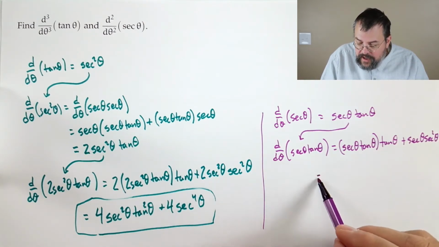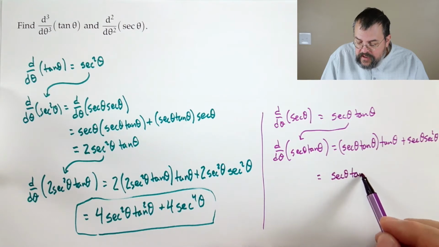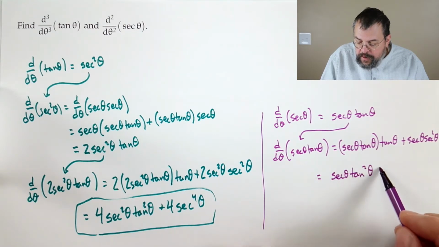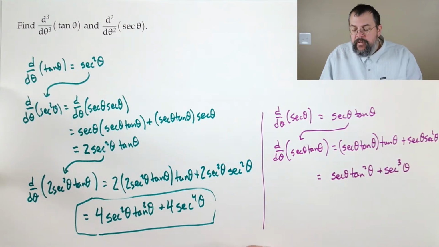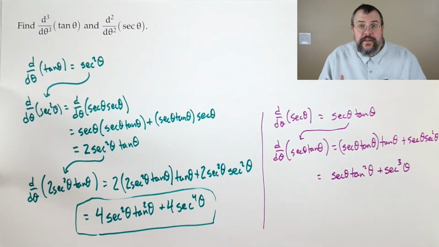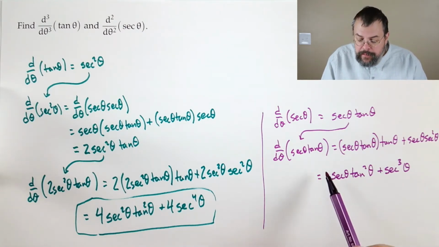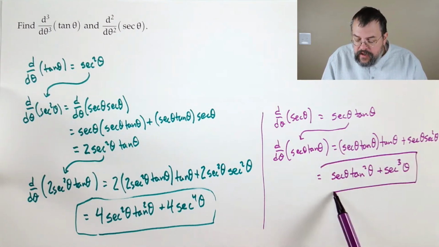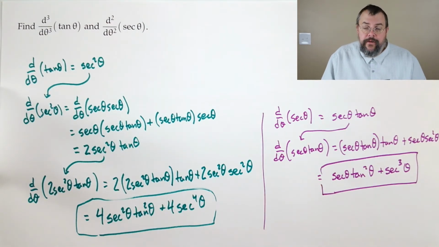So that becomes secant theta tangent squared theta plus secant cubed theta. All right, there's an answer. Now, could we simplify? Again, yeah, it's possible. But right now, it's not clear that there's a motivation to simplify. So we'll just leave it in that form.